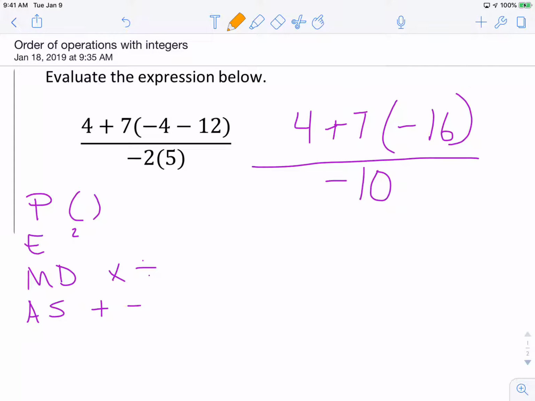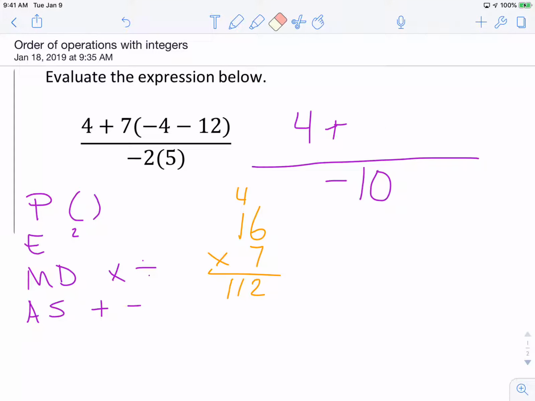So I do 7 times 16, which is 112. So now I can get rid of this, because we know that 7 times negative 16 is negative 112.